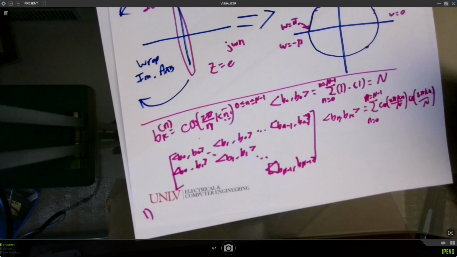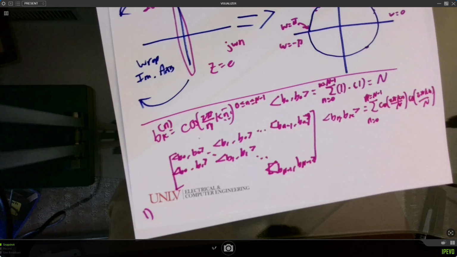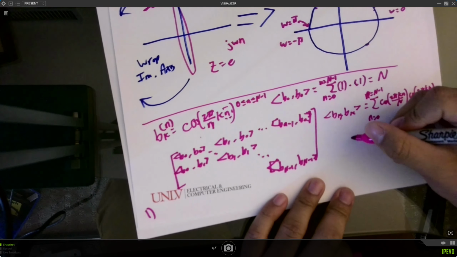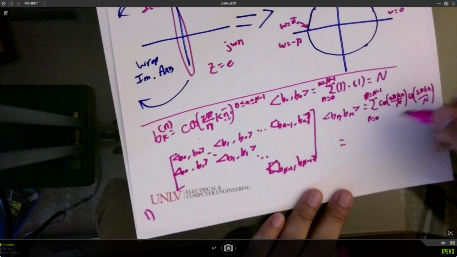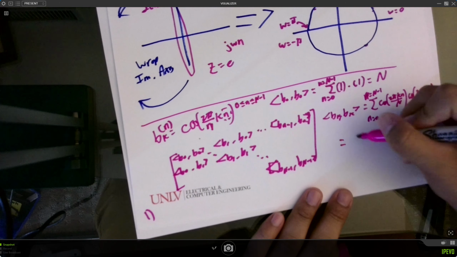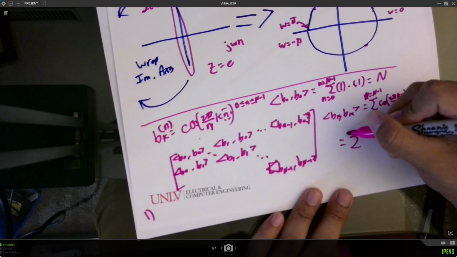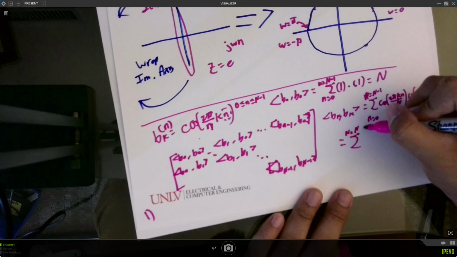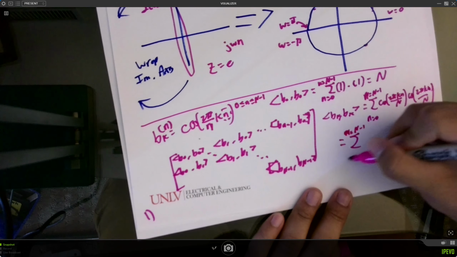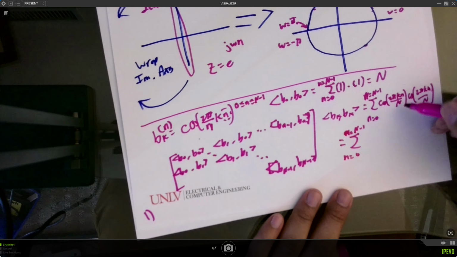There we go. And this is a special rule, I think. Let me see my little notes. Where I think it's going to be the sum over lowercase n from 0 to n minus 1.